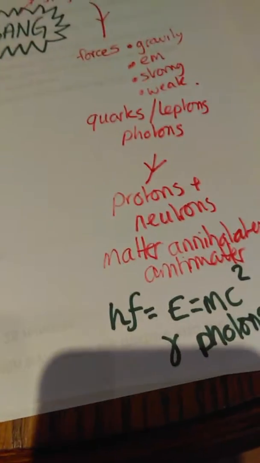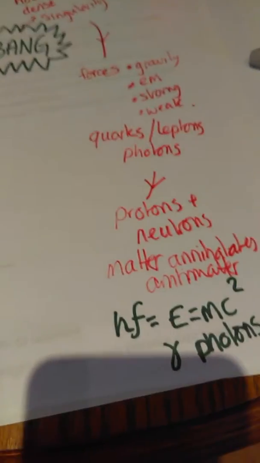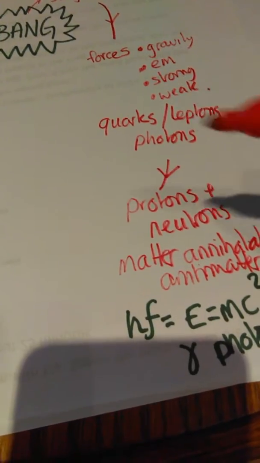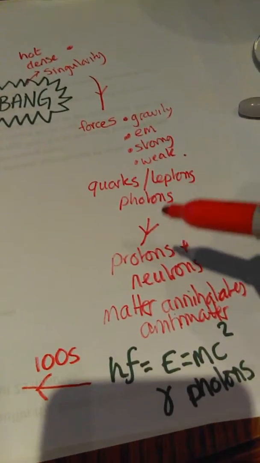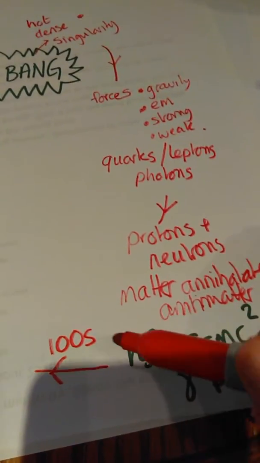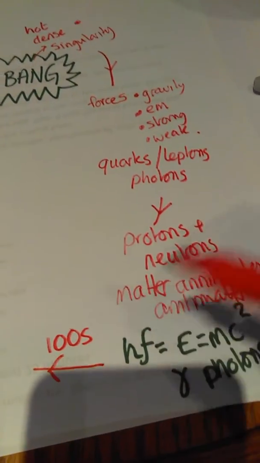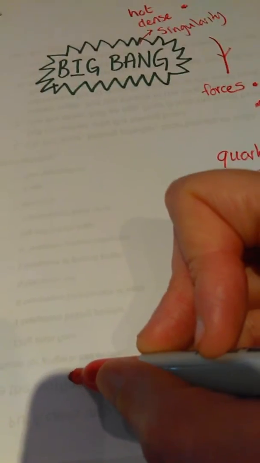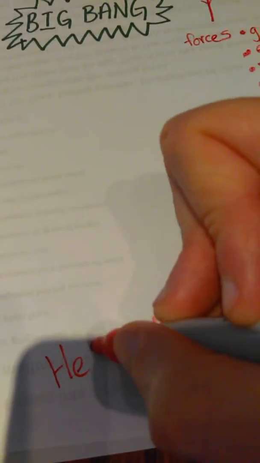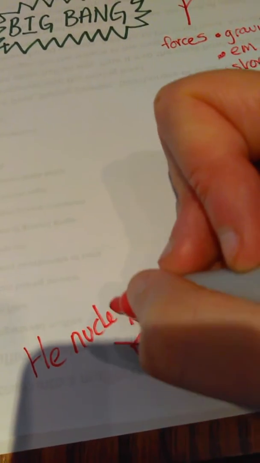Now, the next thing that happened after the protons and neutrons formed. We're only looking at 100 seconds after the Big Bang now. So all this had happened really, really quickly. 100 seconds after the Big Bang, the protons are cool enough to do nuclear fusion, and we start forming helium nuclei.